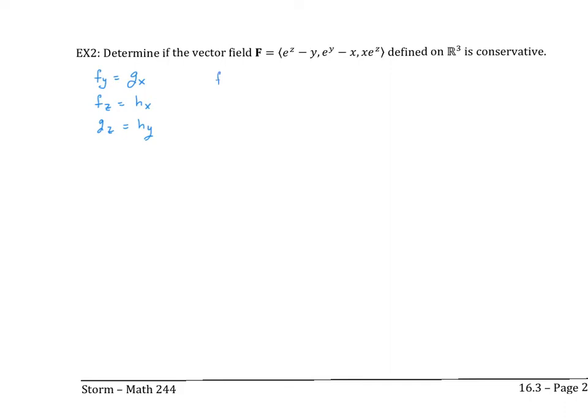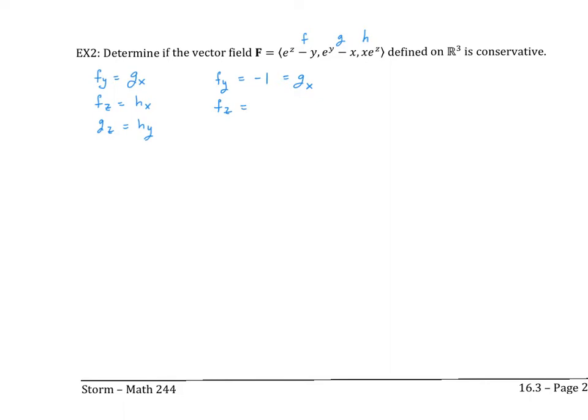So what is f with respect to y? Again, this is f, g, h. With respect to y, that's simply negative 1. And then if you look at g and you take the partial derivative with respect to x, that's also negative 1. So first condition's met. What about f with respect to z?